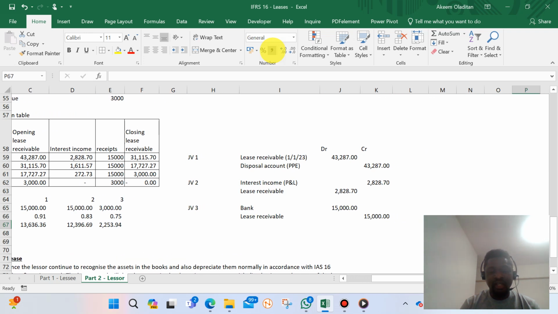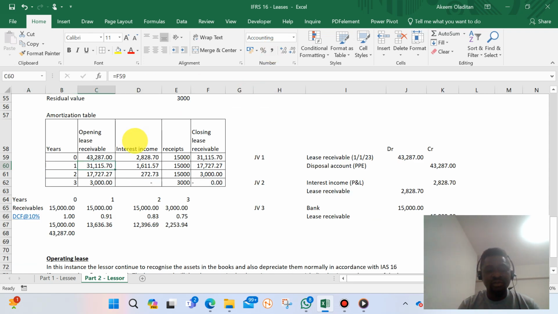And don't also forget that at the end of year 1, what will be sitting as lease receivable in the books, if you look at it, we have debited lease receivable here, we have debited this interest income on it, adding it to it, just like what we have in this amortization table here, and we have reduced it by the $15,000 that we receive.